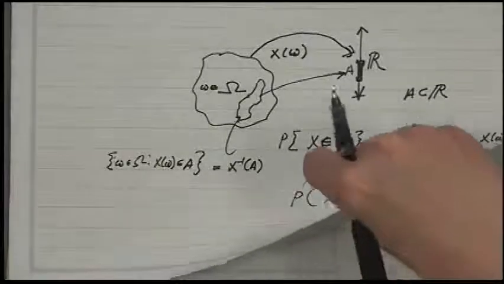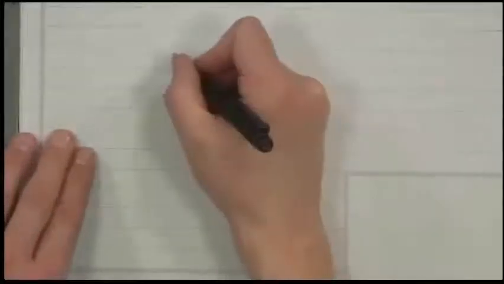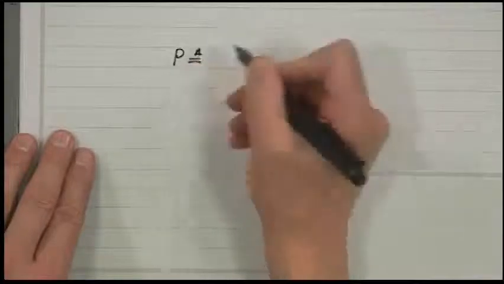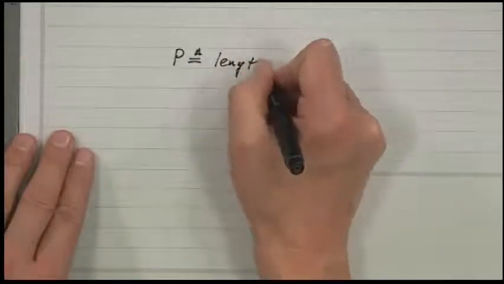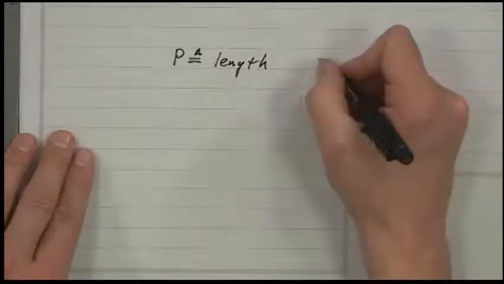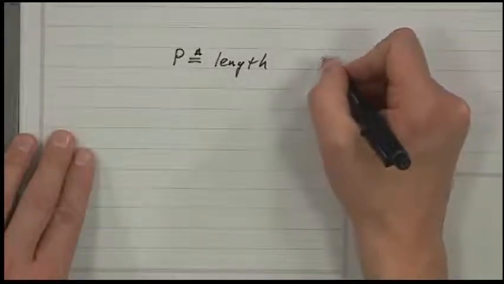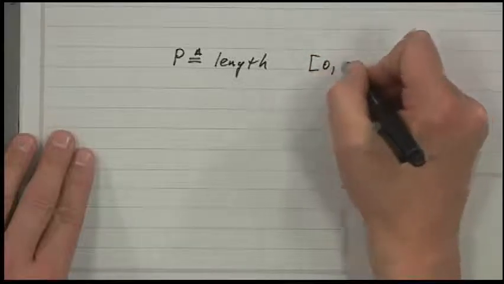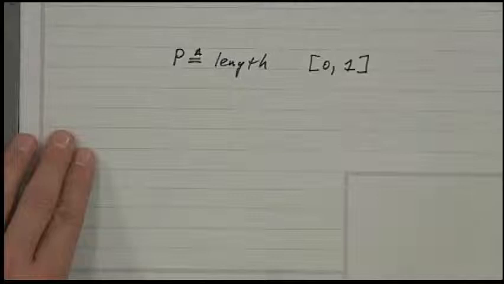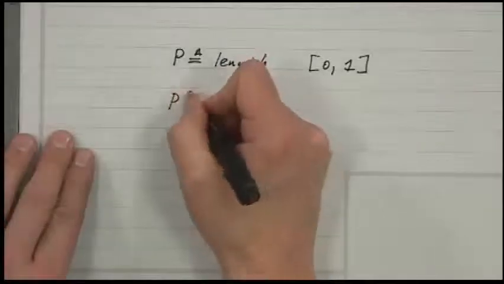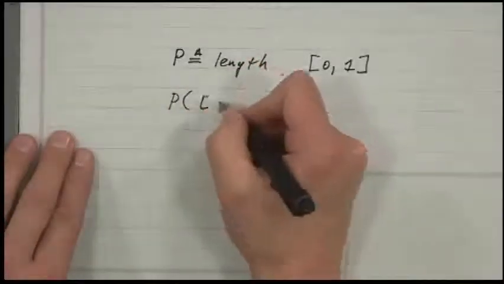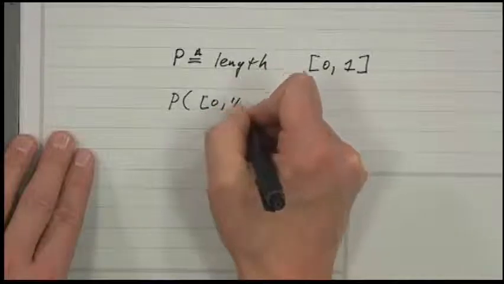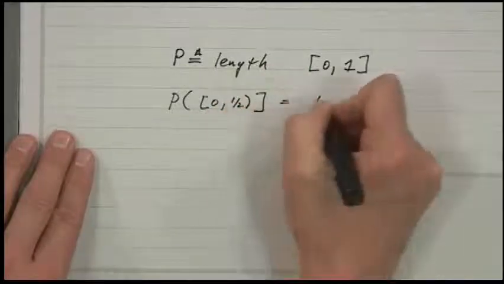Let's define our probability measure to be length on the unit interval 0 to 1. So the probability of the set 0 to 1/2 is 1/2.